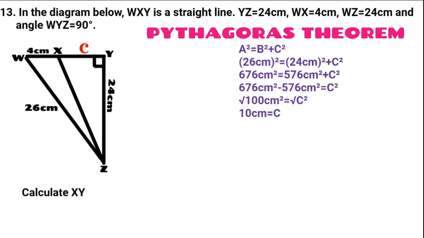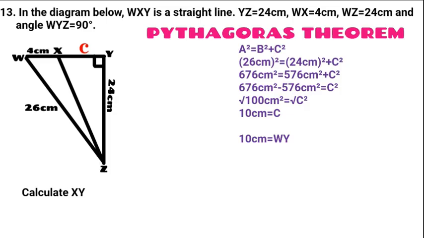Now, like I said earlier on, 10 centimeters is equal to wy. It's equal to the distance from w to y. You can check on the diagram where there is w to y. When you look at the distance given, you see that it is divided into two parts. We have wx as well as xy.